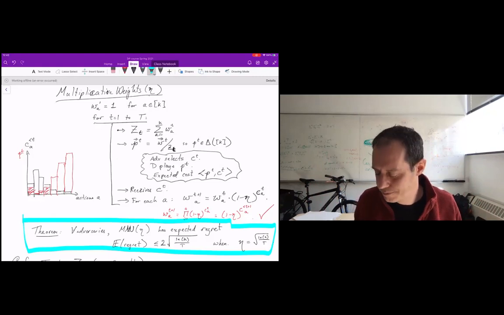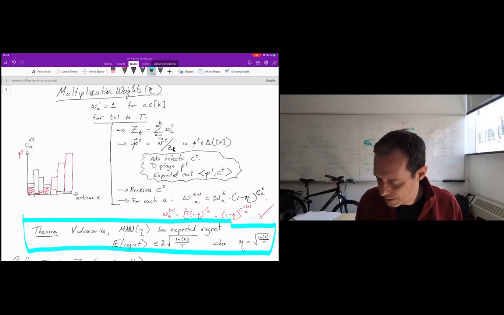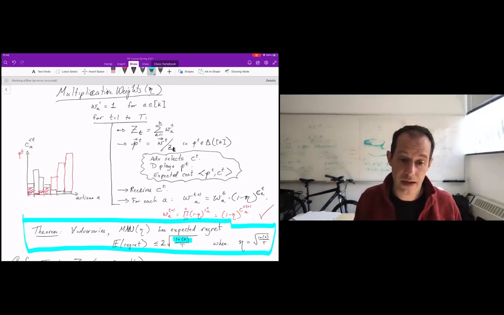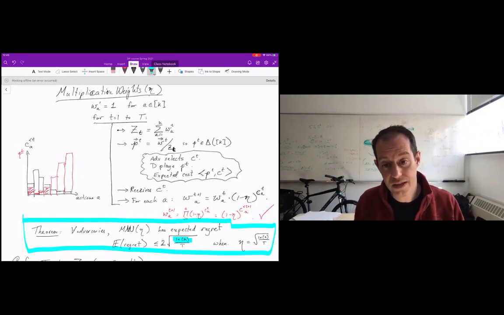Could be lower. And there are some very special things about it. The dependency of the regret is only logarithmic in the number of actions. And to get that kind of dependency, you need to penalize actions exponentially quickly as their costs increase.